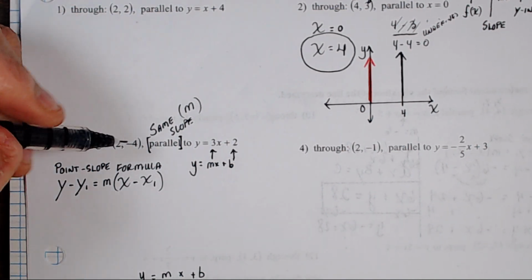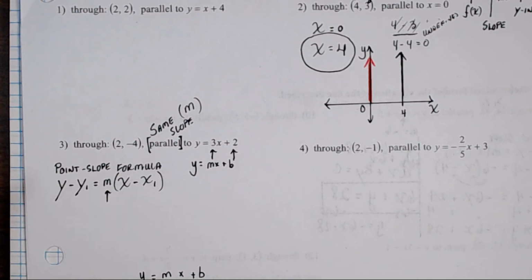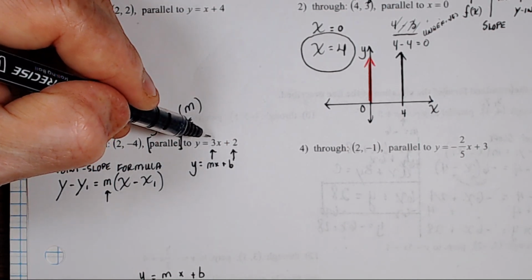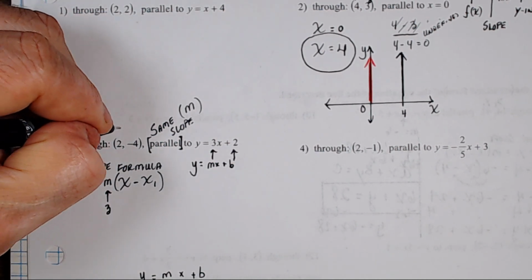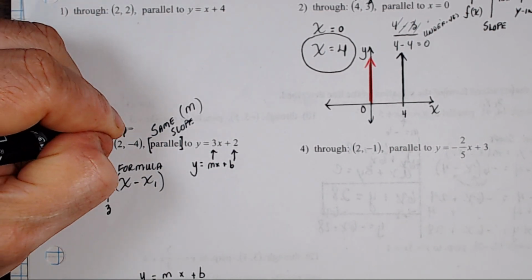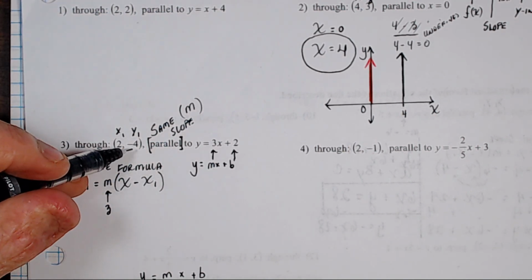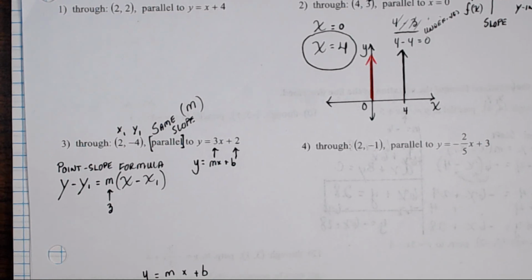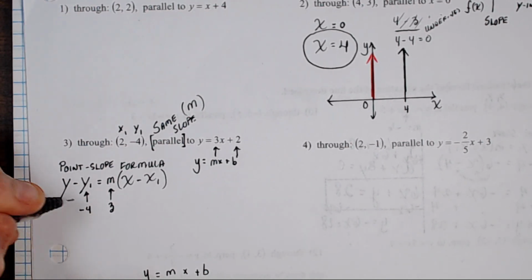All we do is plug in our m value, which we already know is 3. So m's going to be 3. And then this is x1, and this is y1. So 2 is x1, negative 4 is y1. So you're going to plug in here a negative 4.